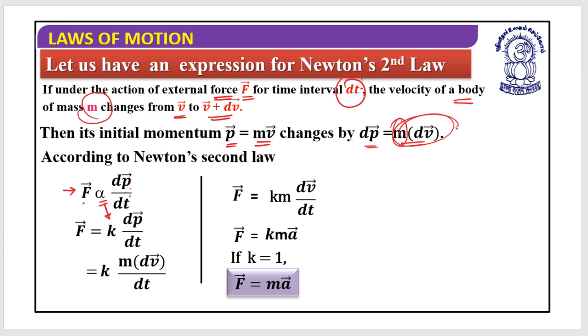Substituting dp as m dv, F is equal to k into m into d by dt of v. It's dv by dt, which is acceleration. So F is equal to k into ma. And if k is equal to 1, I can write that force is equal to mass into acceleration. I hope these things are clear. Any issues? No?